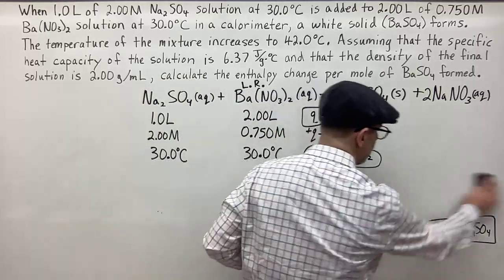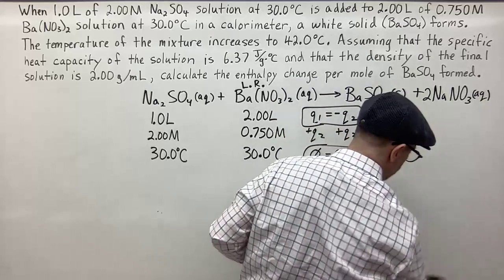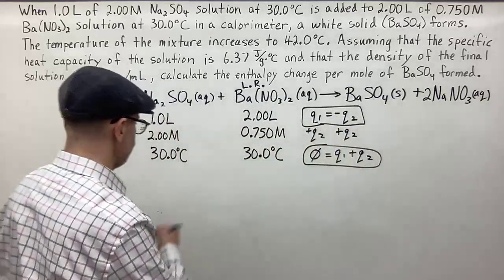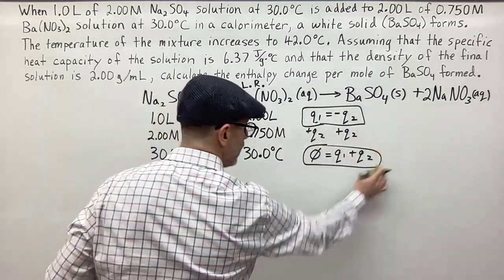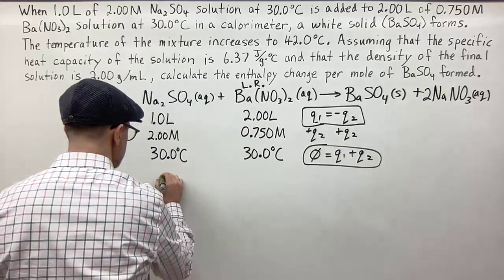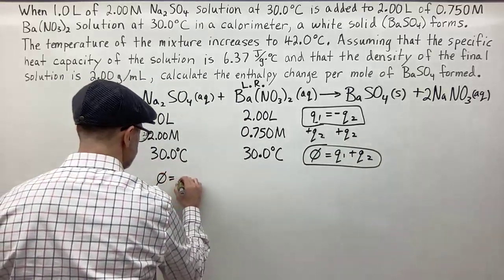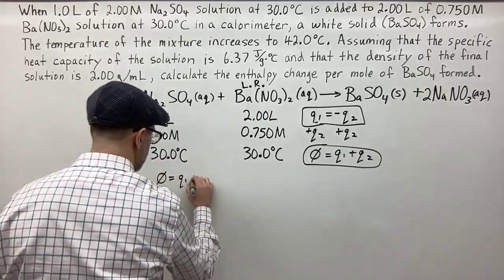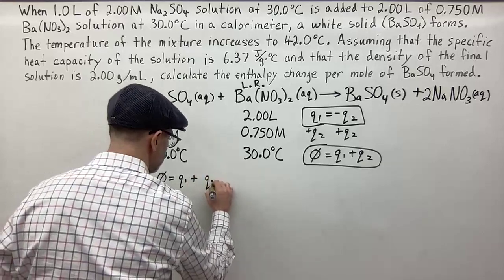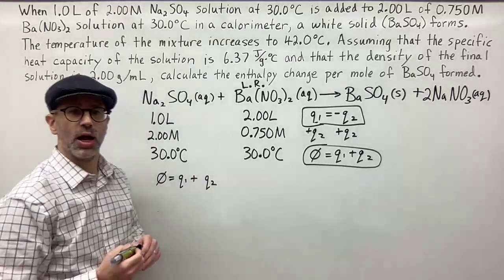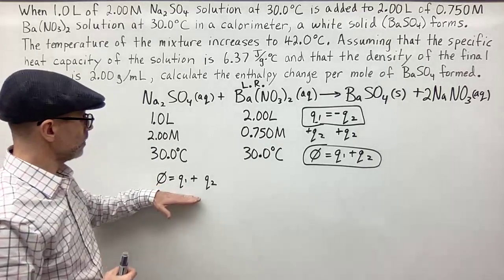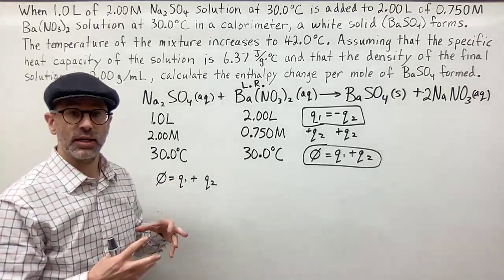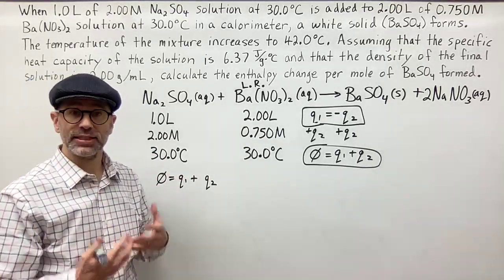So the next thing we want to do is set up the calorimeter problem. If we use this one here, 0 is equal to Q1 plus Q2. Well, what is Q1 and Q2? We have the solution that's absorbing heat, it's gaining heat.